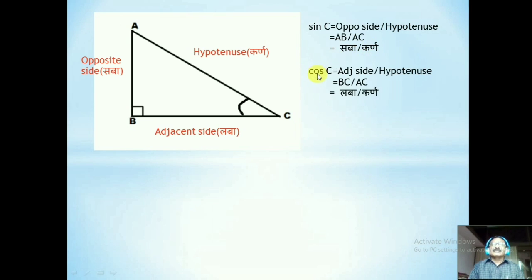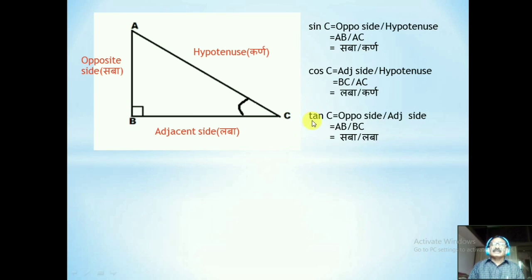Next, cosine, cos of angle C. Cos C is equal to adjacent side upon hypotenuse, BC upon AC. In Marathi, Laba Chhed Karna.